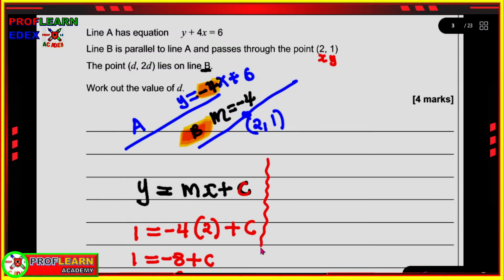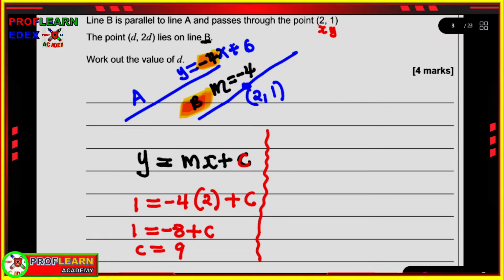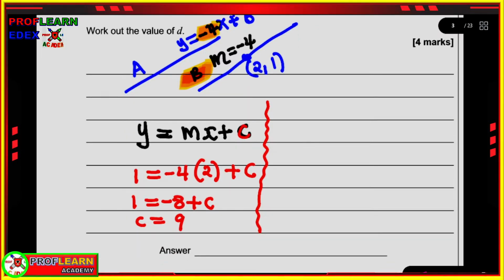The equation of this line is y = -4x + 9.